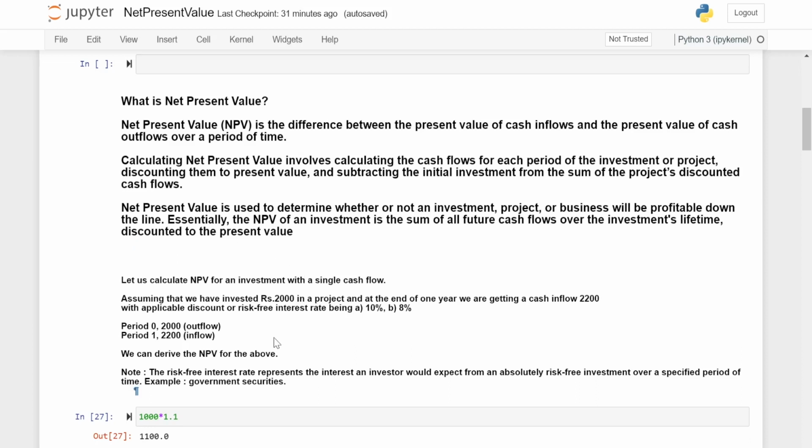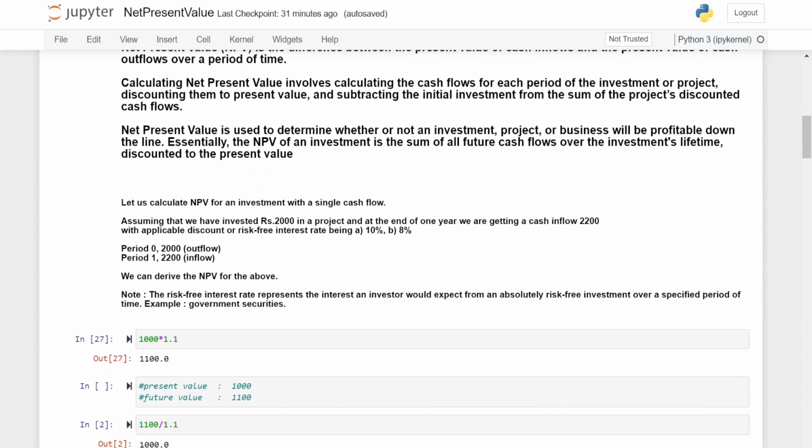Now, we will take a simple example and try to understand how net present value is calculated. But before that, let us see how from present value we can derive future value, and from future value how we can derive present value.